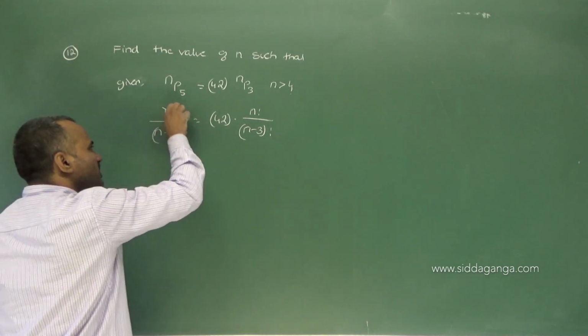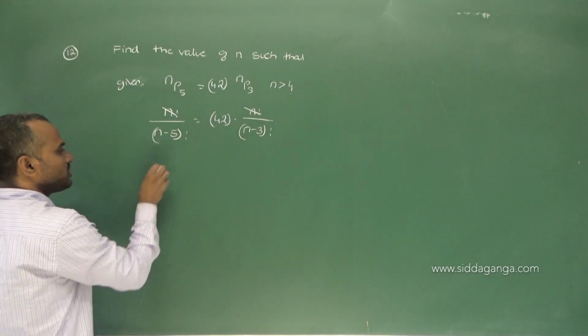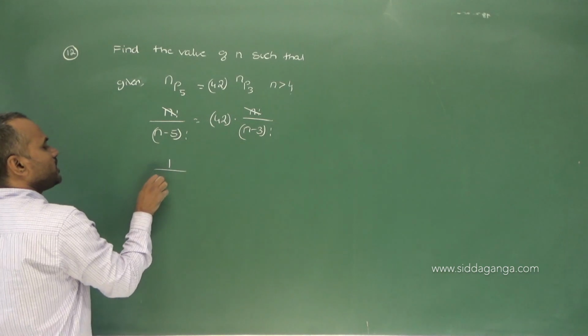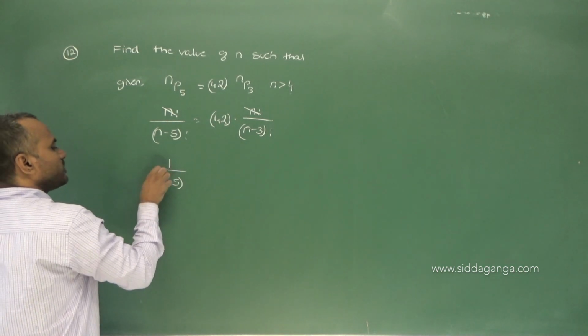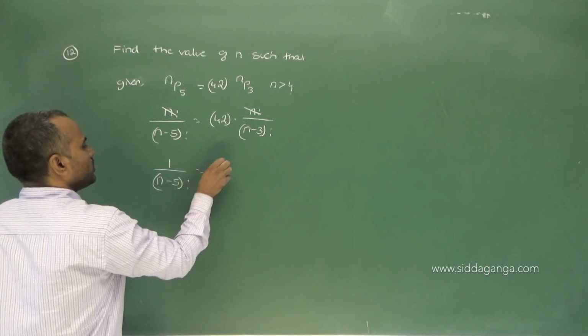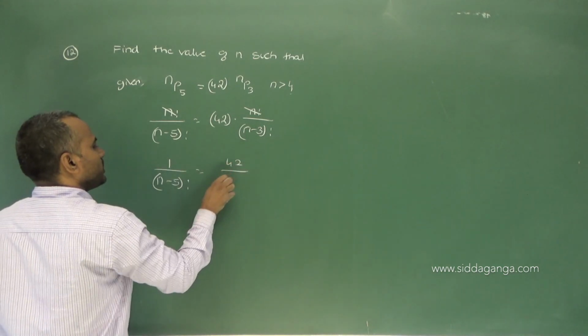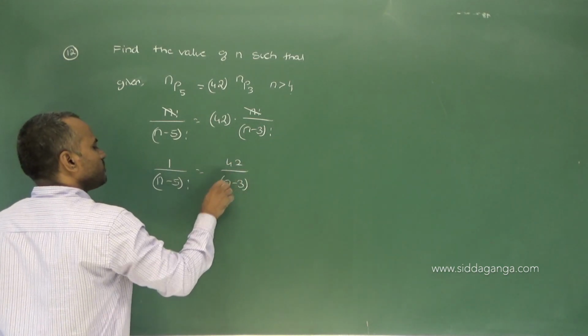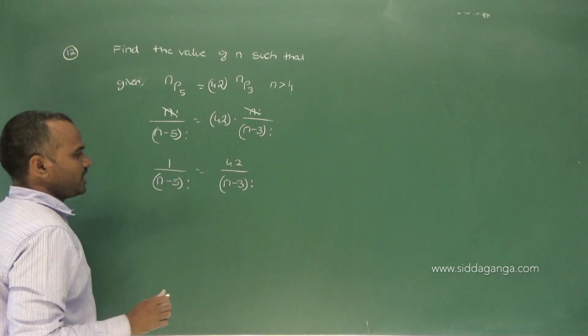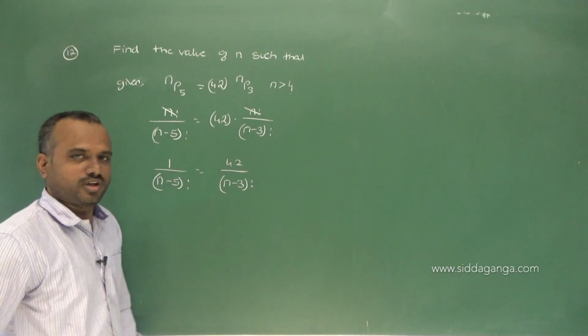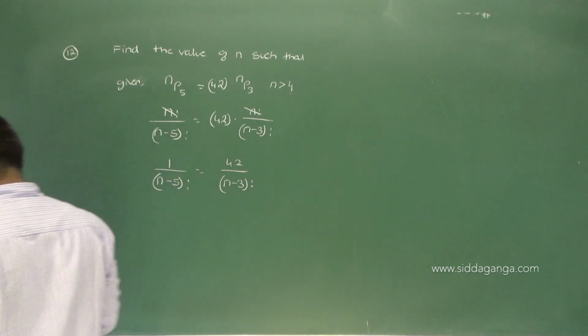Very simple question. N factorial gets cancelled. 1 divided by n minus 5 factorial, 42 divided by n minus 3 factorial.